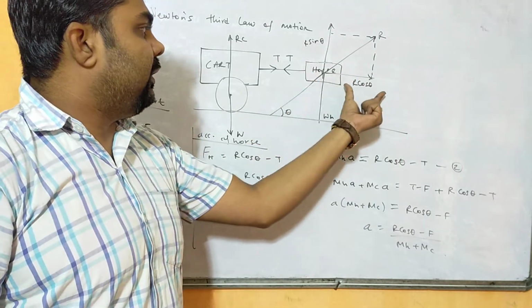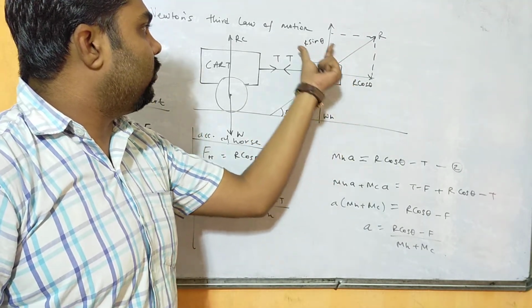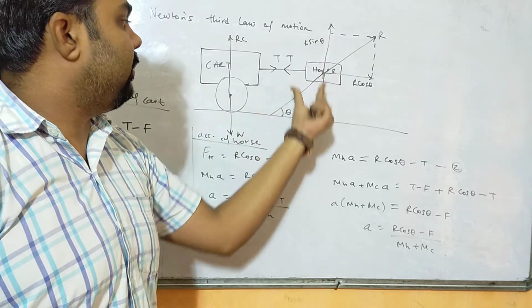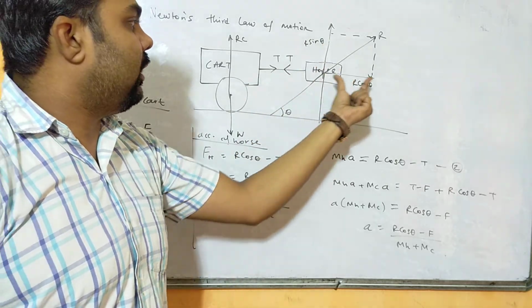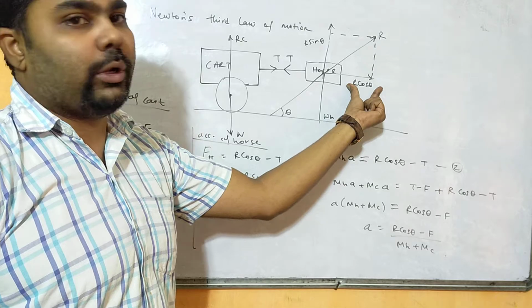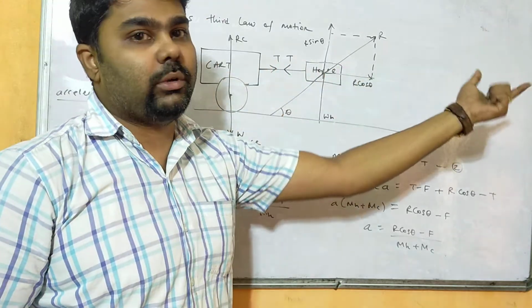The reaction force is resolved into two components, R cos theta and R sin theta. R sin theta is balanced by the weight of the horse, and the R cos theta component pulls the horse in the forward direction.